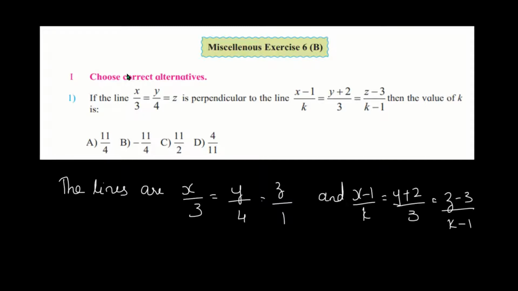These are the equations of the line in the Cartesian form. Now from the Cartesian form, we can find the direction ratios of the lines. They are the denominators: 3, 4, 1 for the first line, and for the second line it is k, 3 and k minus 1.